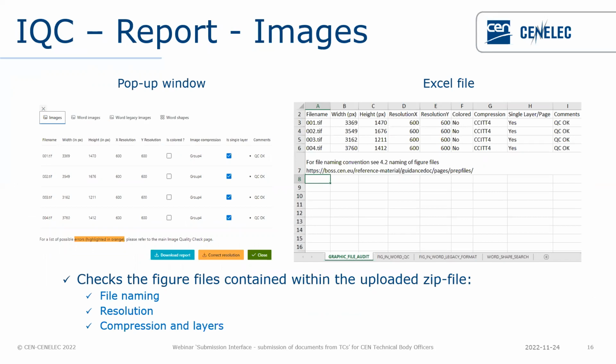So here in the different tabs, we will go through one by one, but I will not go into too much detail for it, just so that you have the overview and you know where to find the information later on if you decide to use the tool. So the first tab checks the image files individually.